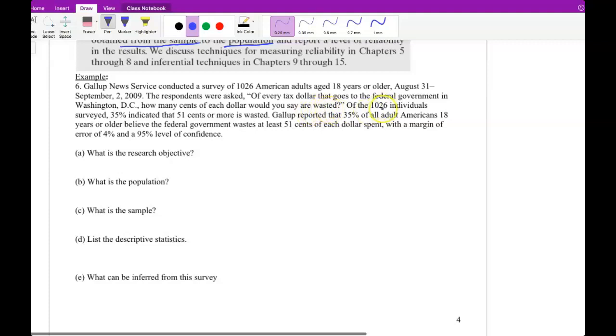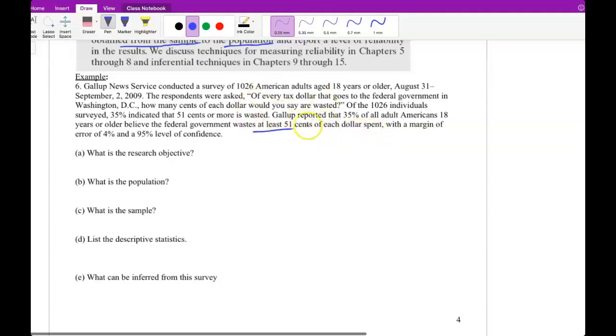Of the 1,026 individuals surveyed, 35% indicated that 51 cents or more is wasted. So they're saying that this much is wasted. And Gallup reported that 35% of all adult Americans 18 years or older believe the federal government wastes at least 51 cents of each dollar spent.